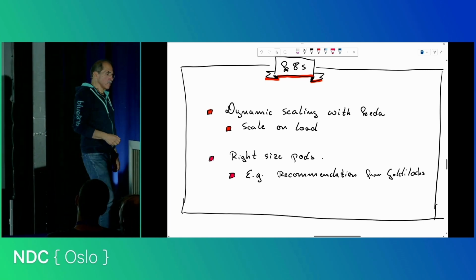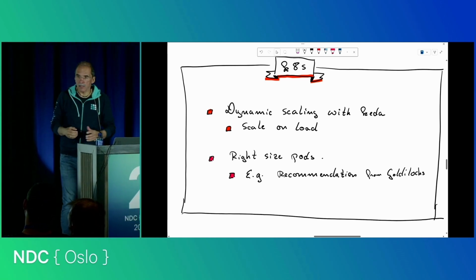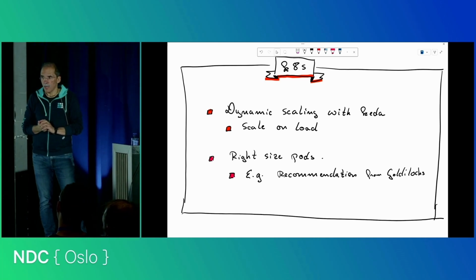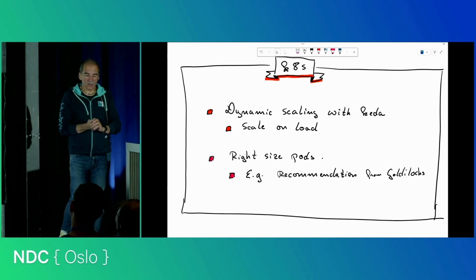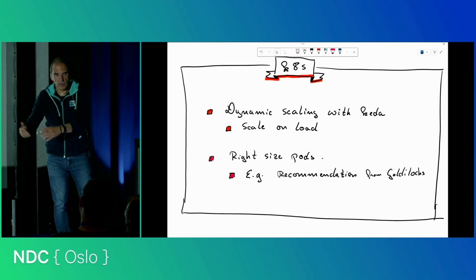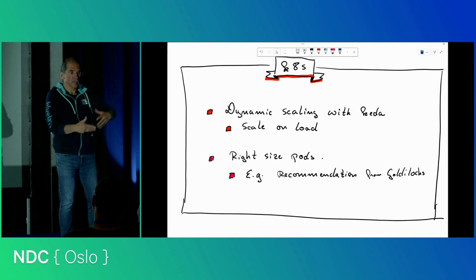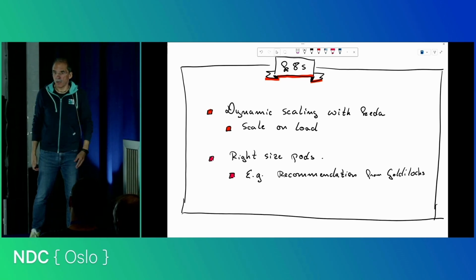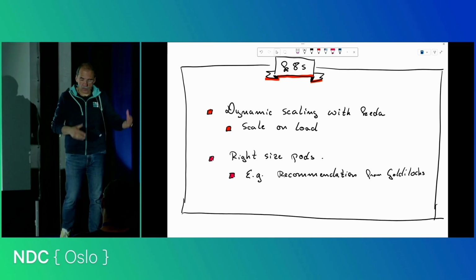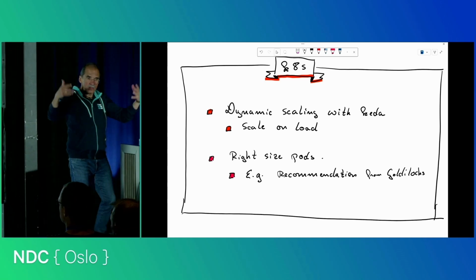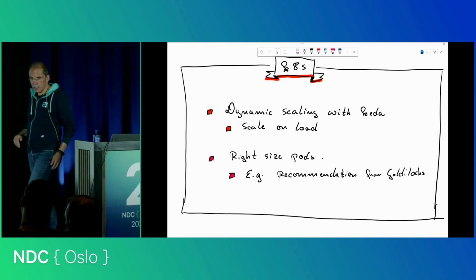There is a built-in scaling based on resource usage on CPU, and KEDA is based on events. For example, if you have a queue, then based on the queue length, you can scale up more pods, or if there are more HTTP requests, you scale up. So that is the idea behind KEDA.